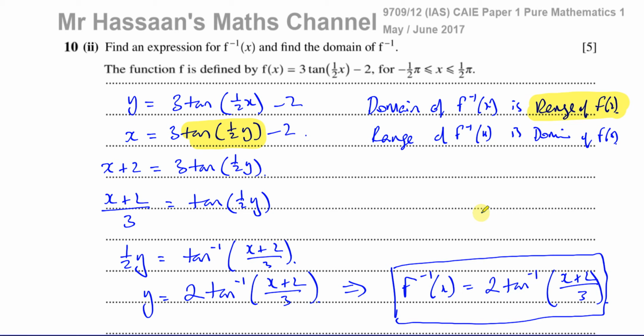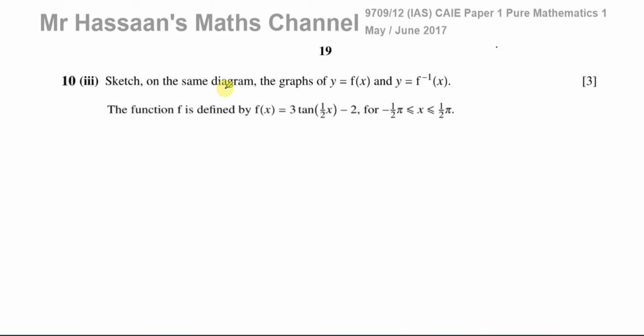So what I'm going to do is actually start answering part 3. Before I finish part 2, I'll come back and then write the answer down, because part 3 is all about sketching on the same diagram the graph of y equals f of x and y equals the inverse of f of x. So I'm going to start by sketching the graph of y equals f of x as part of my answer for part 2, and I'll extract from that what I need to write down the domain of the inverse function.